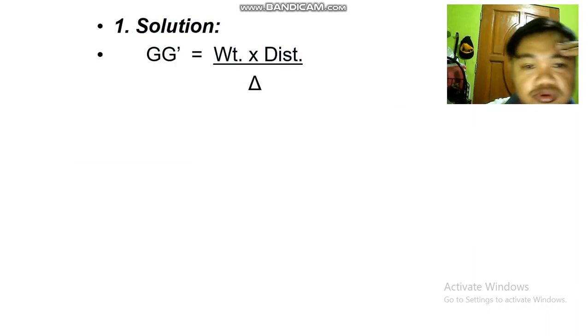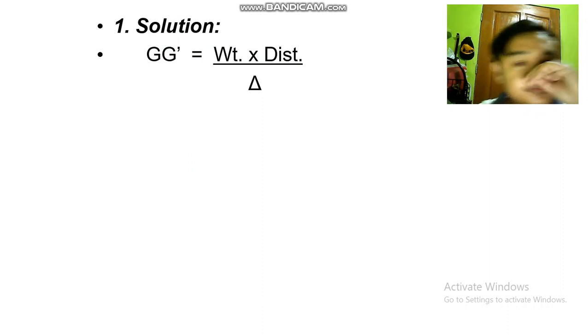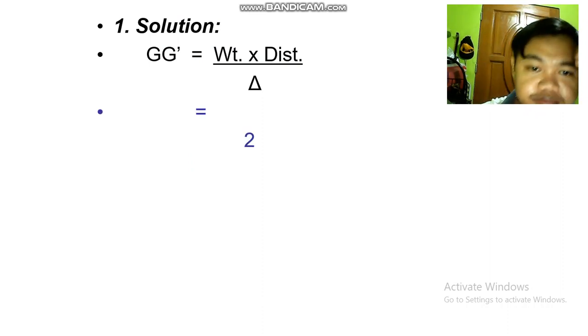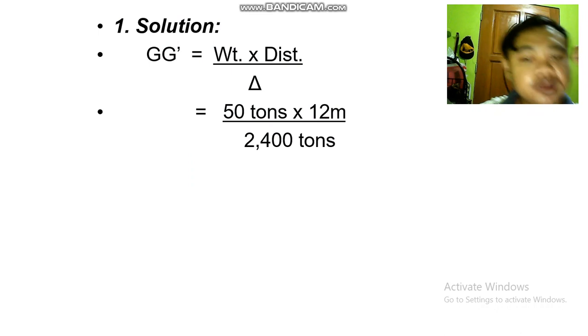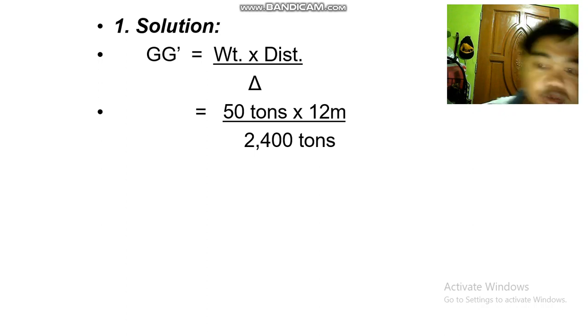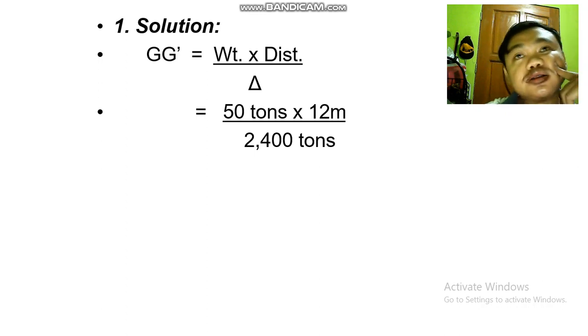Now let's proceed to the solution to the problem. You have the given weight and the given distance. Again, the distance is the vertical distance from the old KG to the weight that has been shifted, and according to the problem, the distance is 12 meters.